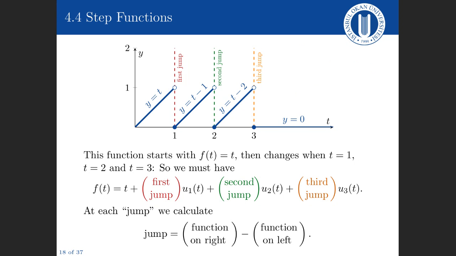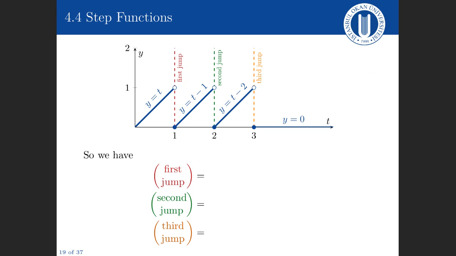We'll do the same thing here, but with functions instead of numbers. So, first of all, at the first jump, the function on the right is t minus 1, and the function on the left is t. So at the first jump, it's t minus 1 minus t.